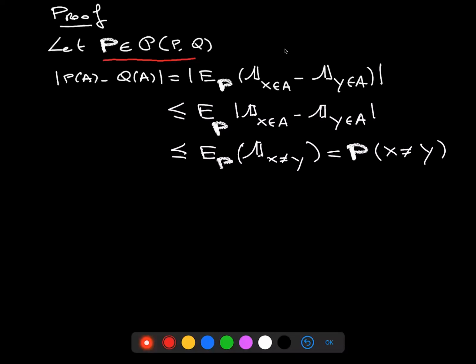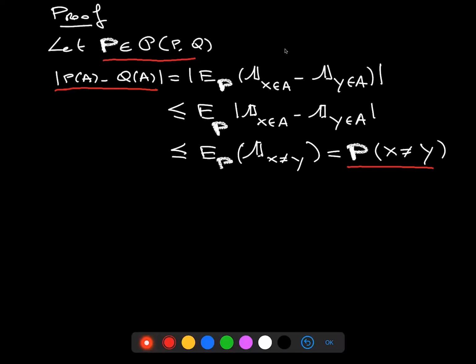And now I notice that the difference between these indicator functions in absolute value is always less than the indicator function of the event x is different from y. Okay? And so this shows that taking the expectation, the difference between P of A and Q of A in absolute value is less than the probability that x is different from y.